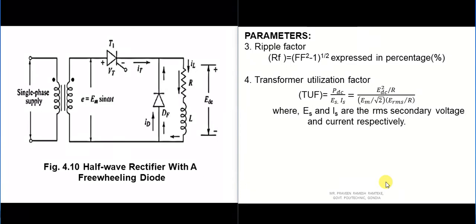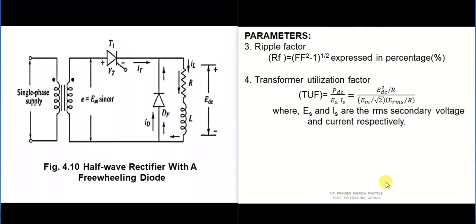Transformer utilization factor, TUF, is the ratio of PDC, the DC output power, divided by ES into IS. ES means secondary voltage and IS means secondary current.